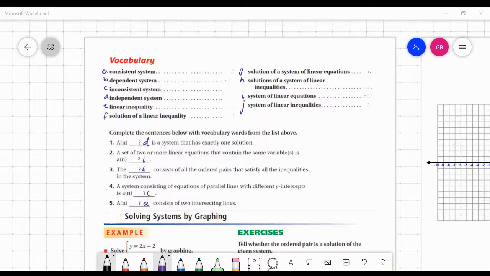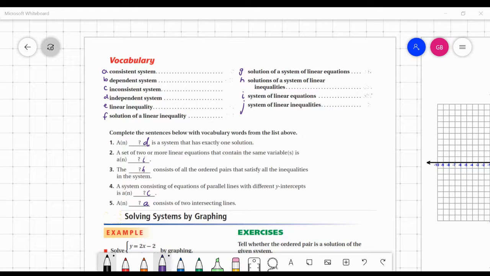Okay, for this first part, I labeled the vocabulary A through J, just for sake of time. So for number one, A, an independent system is a system that has exactly one solution.